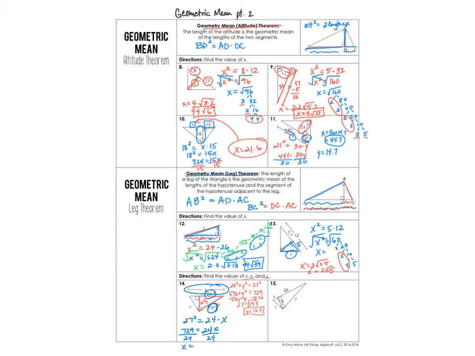So x equals 729 divided by 24, 30.375. So I'm just going to use 30.4. Okay, so we know that the whole thing is 30.4, which tells me that this is 30.4 minus 24. 30.4 minus 24 is 6.4. So I know that this piece here is 6.4. So that's going to be useful in finding z.